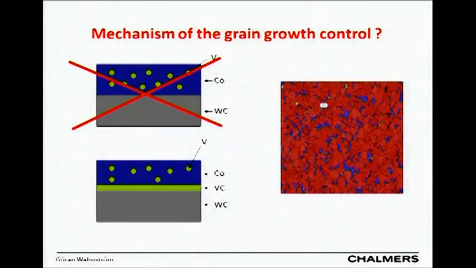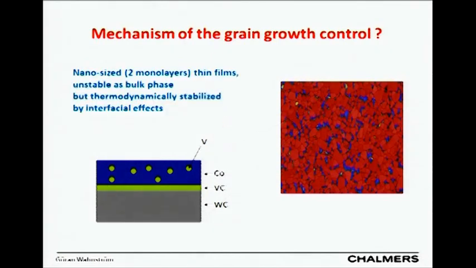It's very thin, only 2 monolayers. And that film, the vanadium carbide, is not thermodynamically stable as a bulk phase. So it's purely stabilized by thermodynamic effects. That is the stable situation. It's stabilized by interfacial effects.